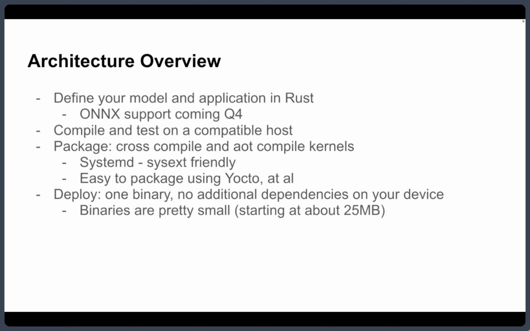What we're trying to do is to get the code to be one binary with no additional dependencies. Right now, the kernels, which are basically the GPU code, are emitted in a folder when we package it, but they don't necessarily have to be. We could package them with the binary so that they're embedded in the binary.